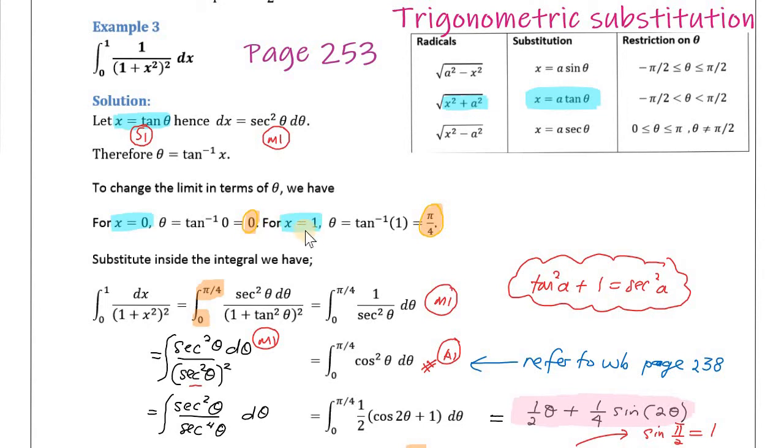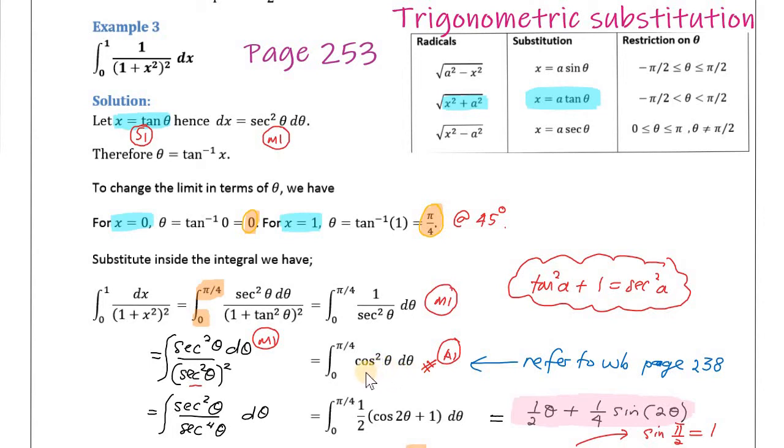As for the upper boundary, when x is 1, theta is inverse tan 1. Tan 45 degrees is 1, so the angle is pi on 4. Or you can just plug it into your calculator, but try to give your answer in terms of the real number value. 45 degrees is similar to pi on 4. We change the boundary.